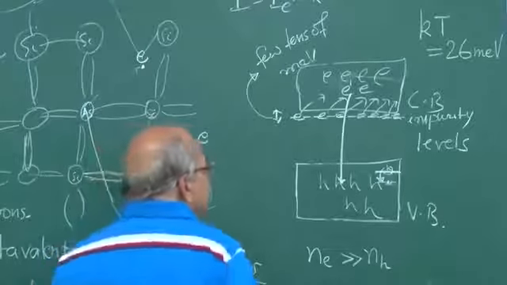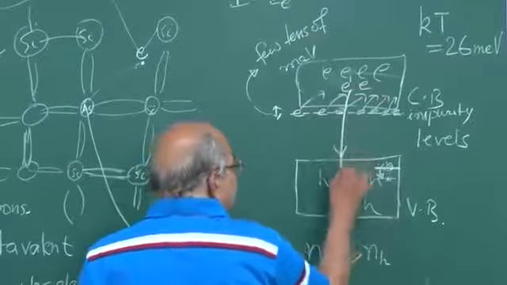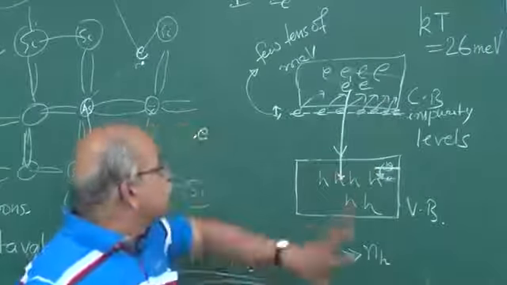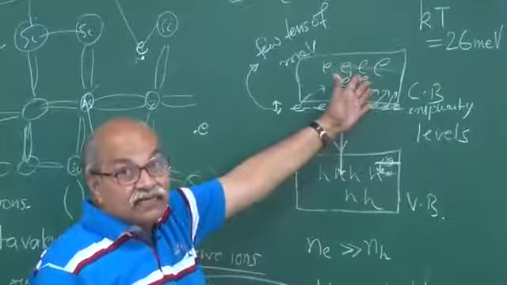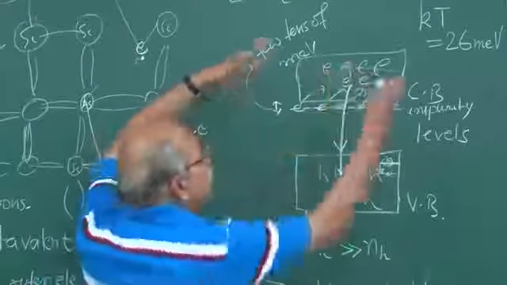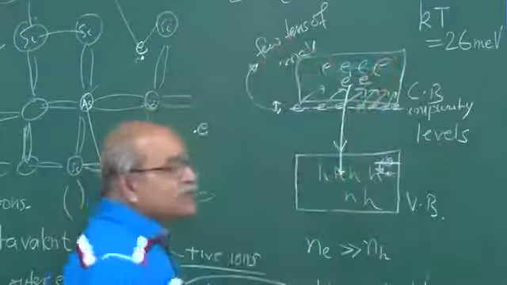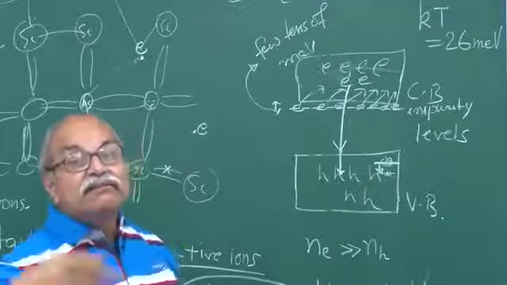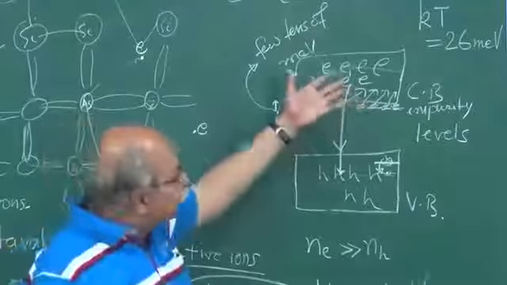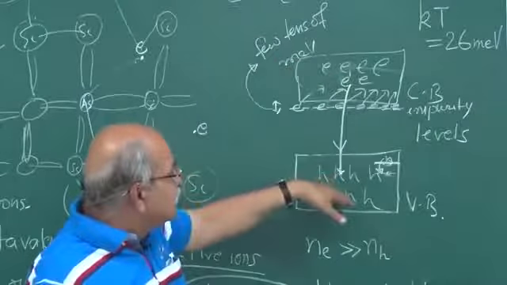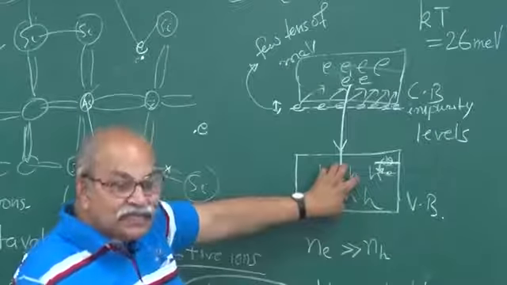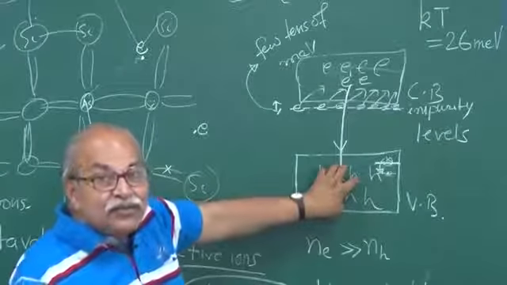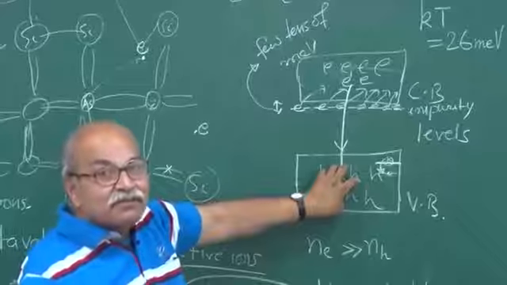So the probability that some electron will come here and fill this hole, this probability will increase largely. Right? You have so many electrons coming and sitting here, this probability will be increased many fold. So through these recombinations, the number of holes will decrease and a new equilibrium will be set up.